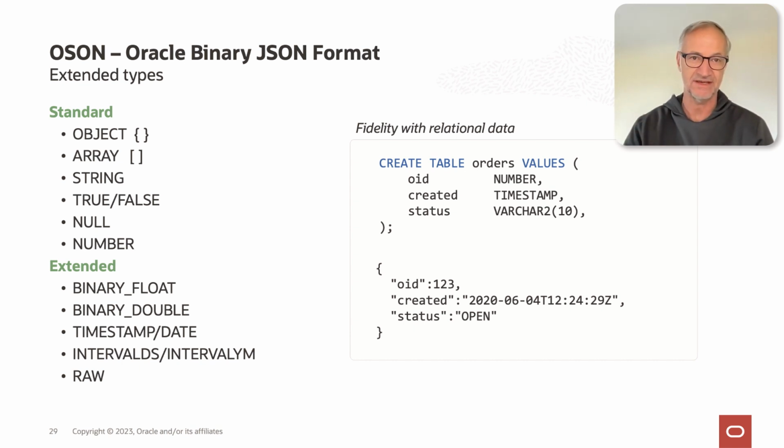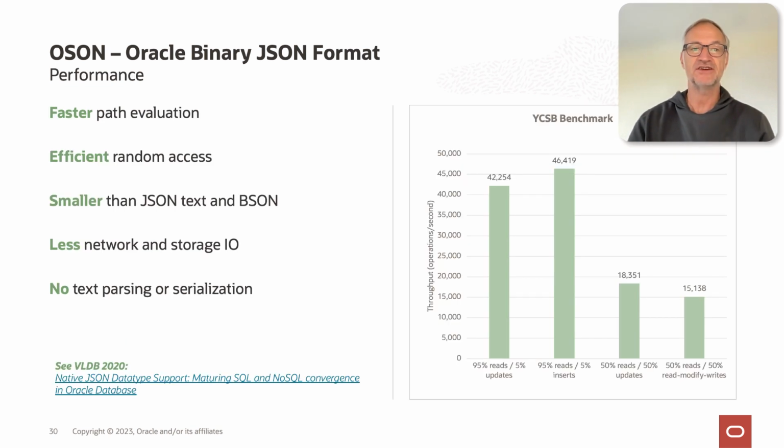With the binary JSON format, we're getting an extended data type system to really map what you're working on. The format was also specifically developed for very fast path evaluation and efficient random access. There's a full integration into the driver framework. We have partial update capabilities.